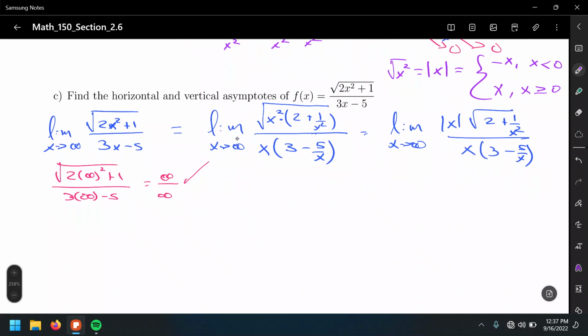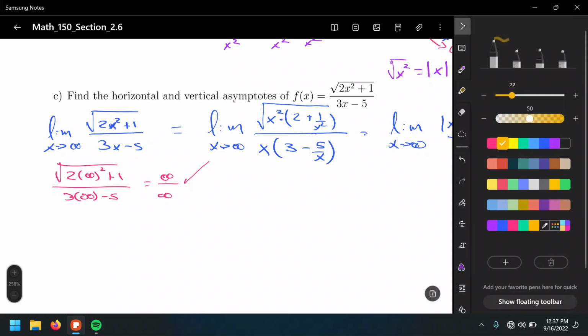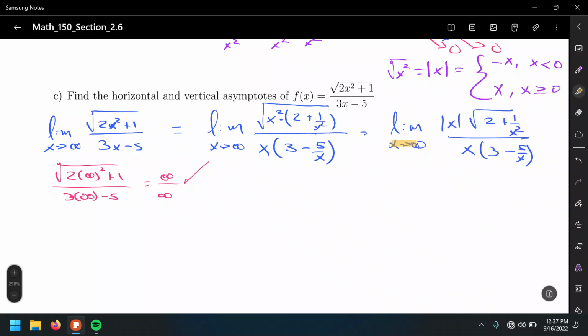And that's because, which direction are we going in with the limit? Are we going in the positive direction or the negative direction? Because we're going in the positive direction, check this out. We're going to use the positive version of the piecewise function, and we will replace this absolute value of x with simply x.